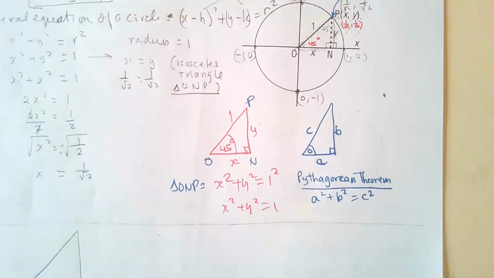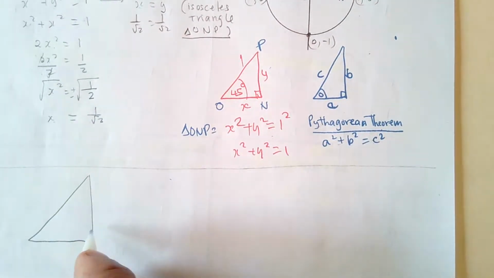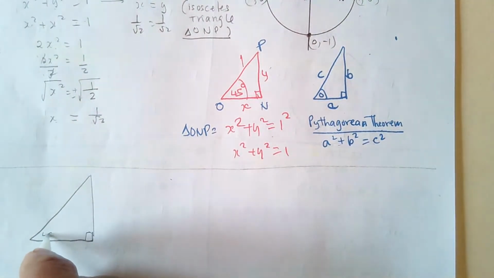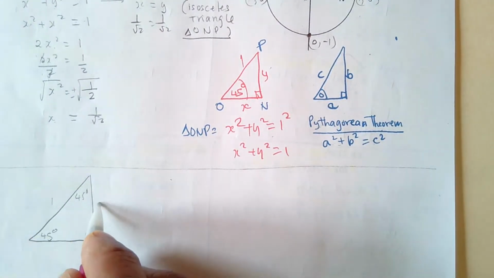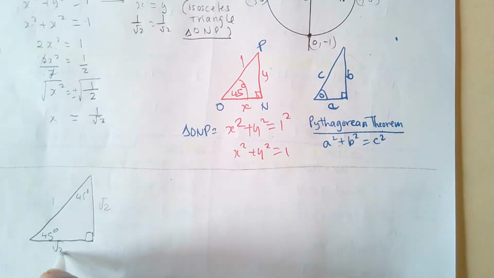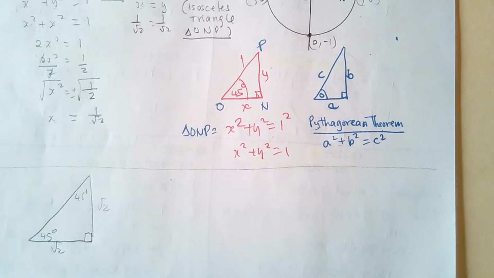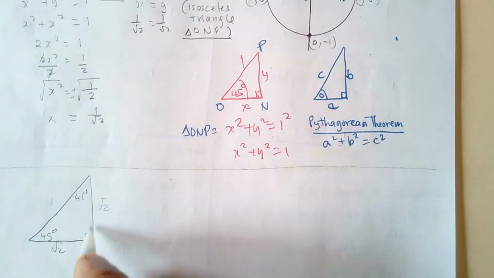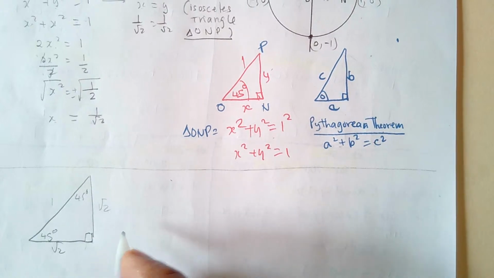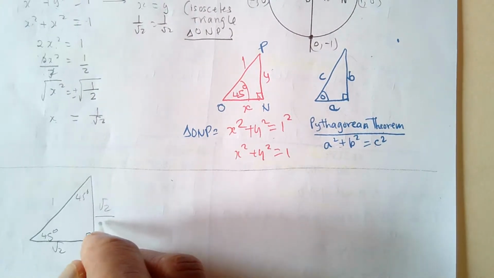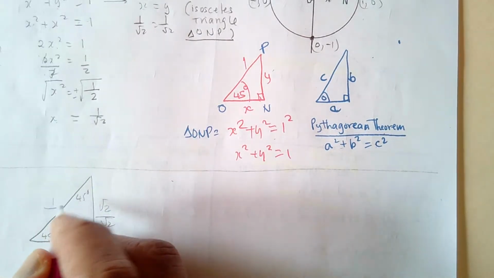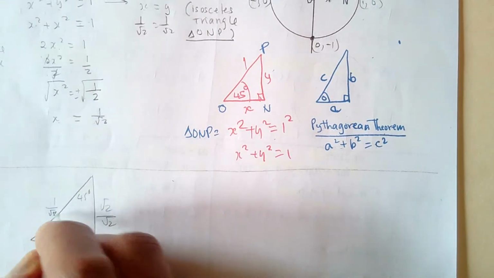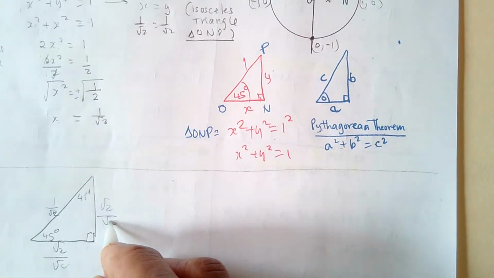And here we have, this is 45 degrees, 45 degrees. So this is 1, this is root 2, and this is root 2. Now, if I want to make these sides 1, I can divide this by root 2, divide this by root 2, divide this by root 2. So root 2 over 2 is 1.